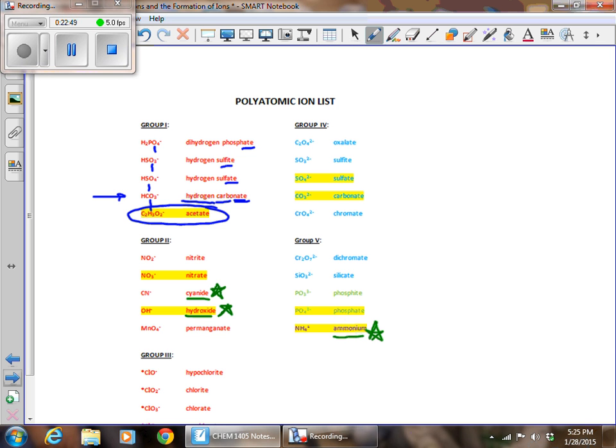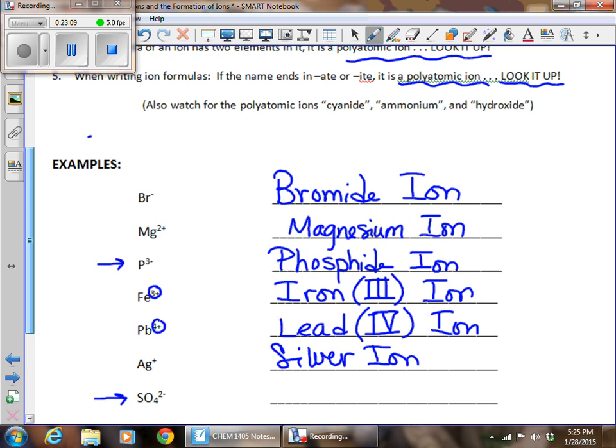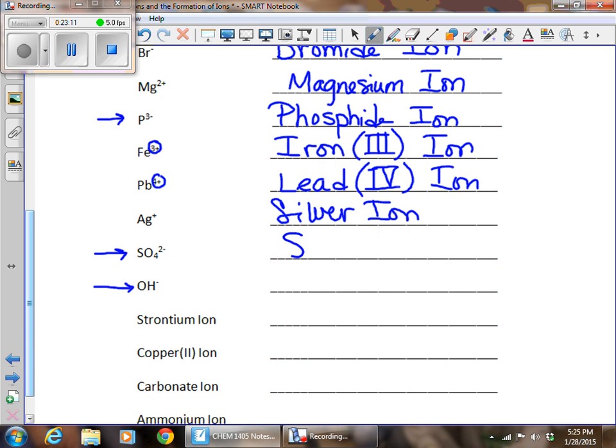SO42-, look for ones that have a 2- charge, and here's our sulfate. It's the sulfate ion. And then OH- is one we already mentioned is hydroxide. So those are the names of those 2 polyatomic ions. So let's go back and fill those in. So this is the sulfate ion, and this is the hydroxide ion.